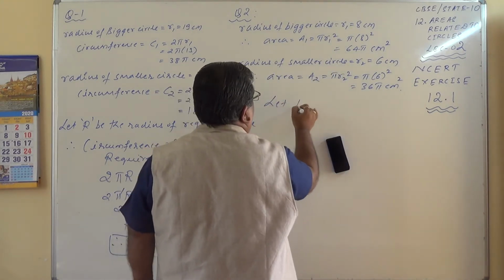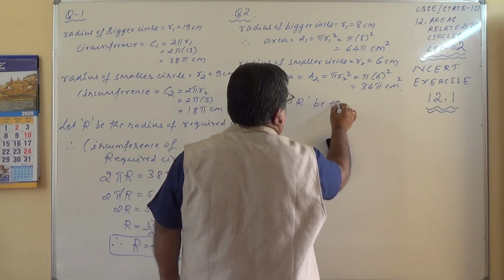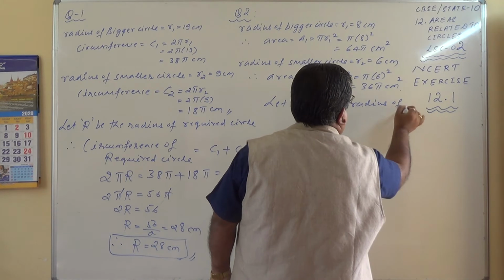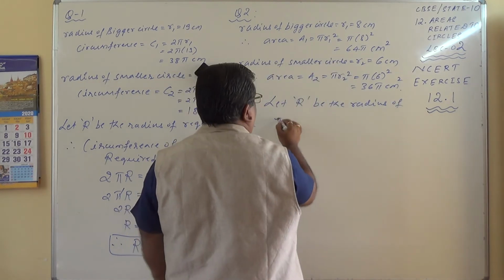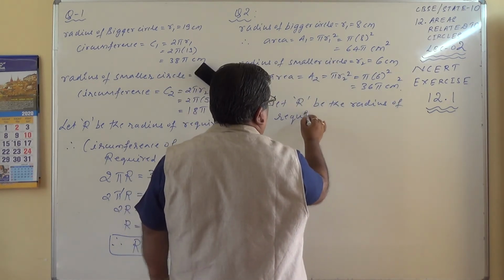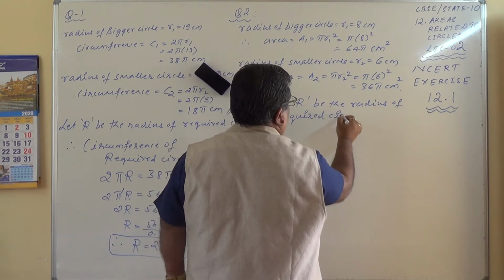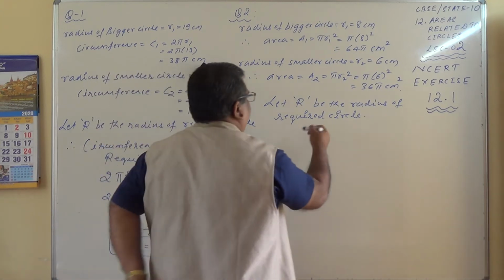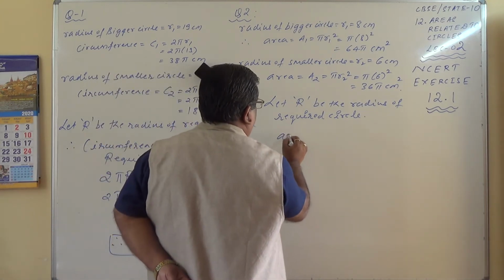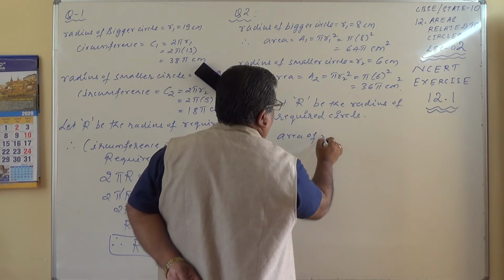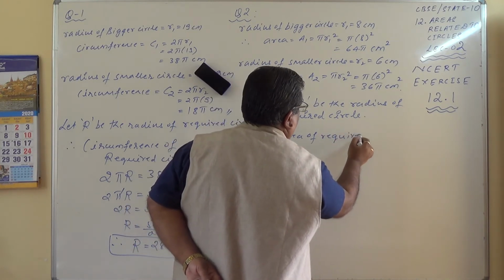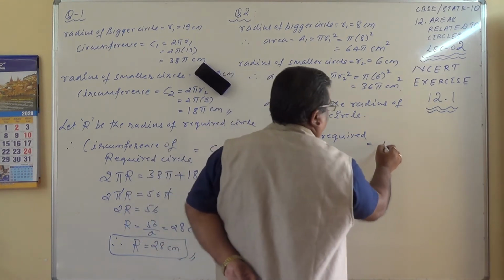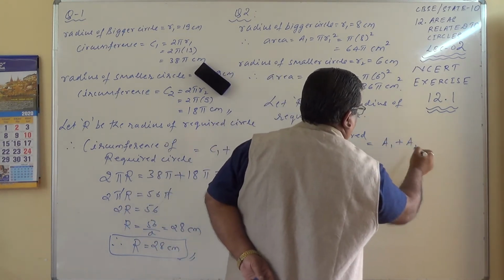Let capital R be the radius of required circle. If capital R is the radius of the required circle, then area of the required circle is equal to A1 plus A2, because it is the sum of areas of the two circles.